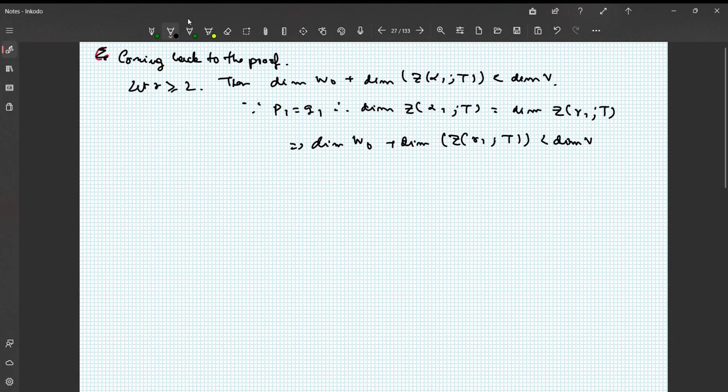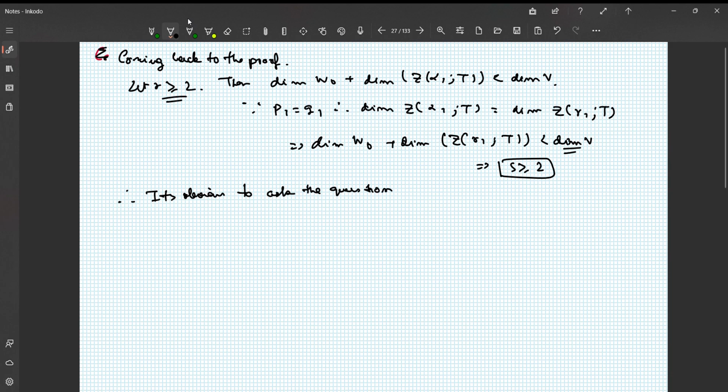So that would imply the dimension of W0 plus the dimension of Z(gamma 1; T) is also less than the dimension of V. So that will obviously imply s must be greater than or equal to 2, because we need more T-cyclic subspaces in order to reach the dimension of V. Hence, we need an index s greater than or equal to 2. Clear? So if I have r greater than or equal to 2, I have s greater than or equal to 2.